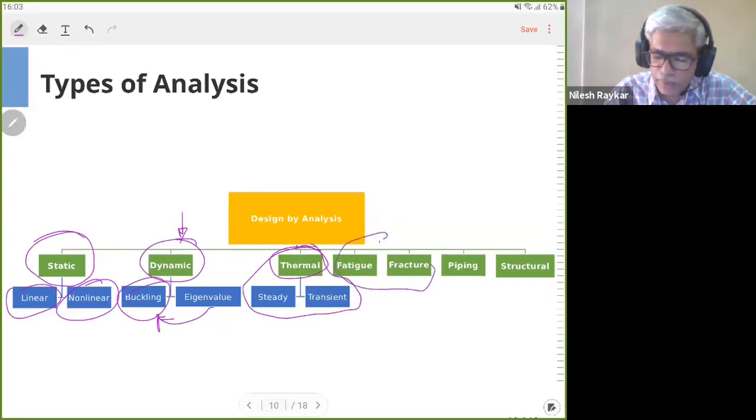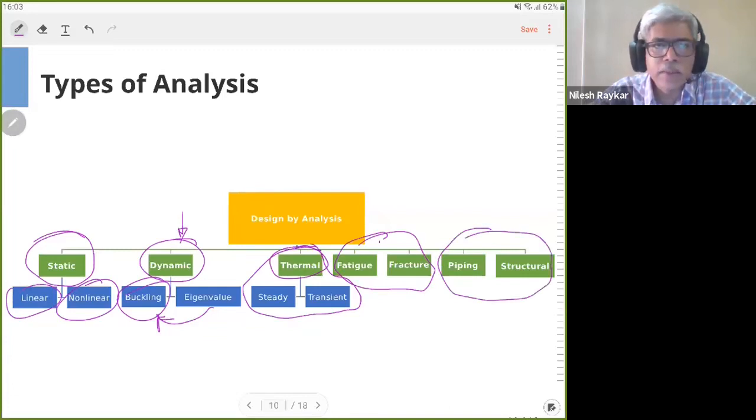Fatigue and fracture are a relatively low quantity requirement, so maybe 10% of the total analysis will be fatigue and fracture type. And piping and structural are not essentially different analysis types. They are just specialized software available to do piping analysis and structural analysis.